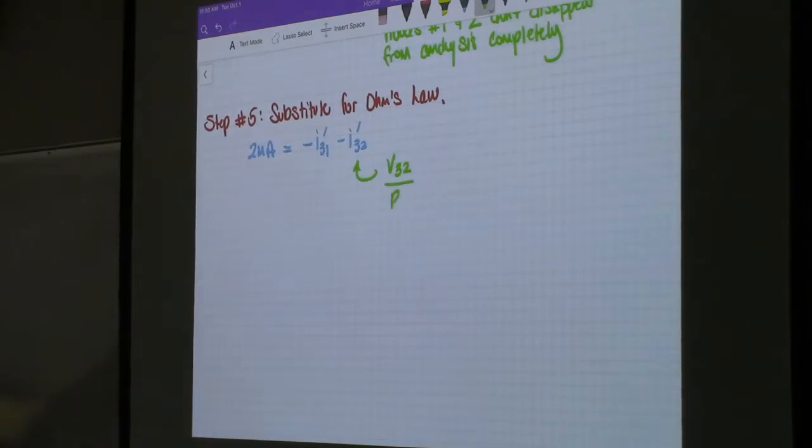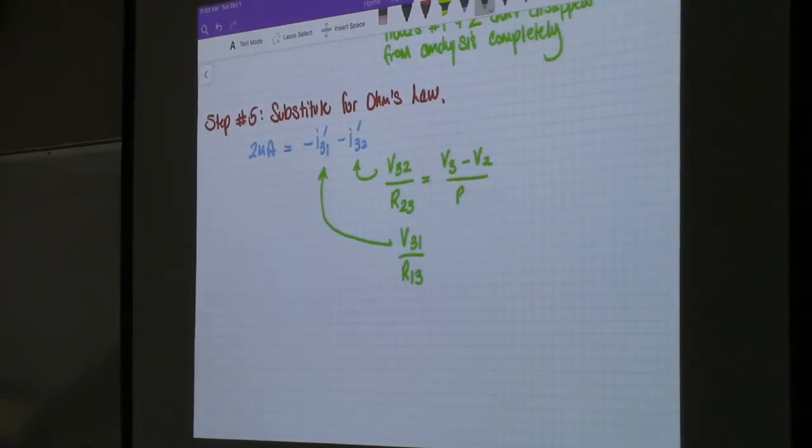So V32 over R23. The reason I say R23 is that the resistance is the same in either direction, so usually we put the lower number first. And over here we'll have V31 over R13. This is also equal to V3 minus V2 over R23, and V3 minus V1 over R13.